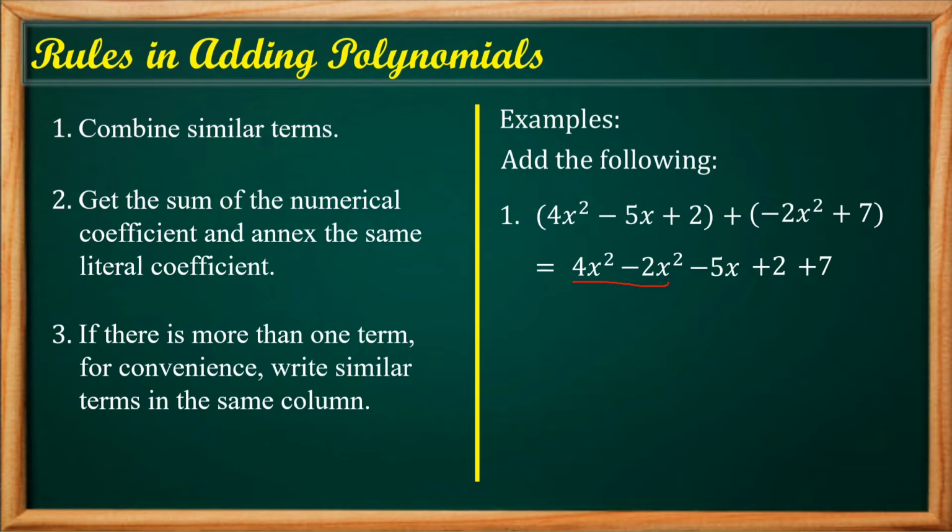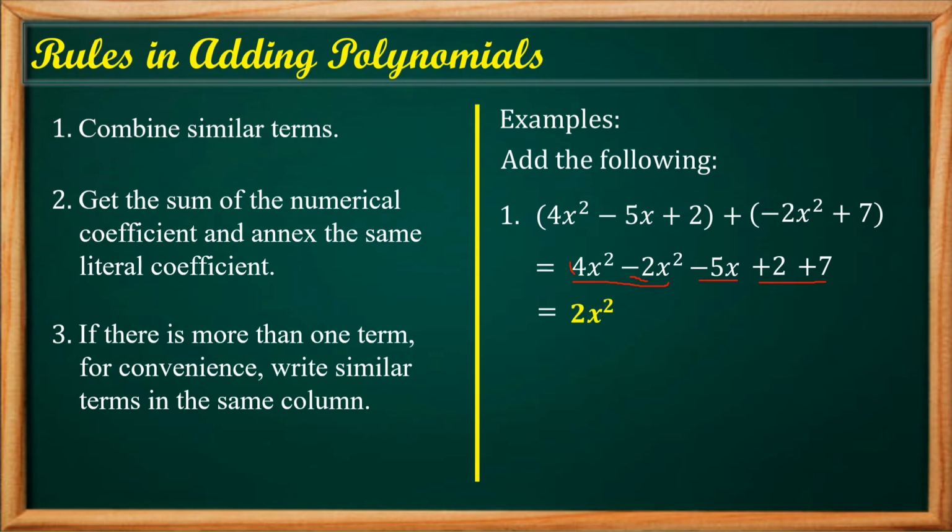Then, si 5x, nag-iisa lang, wala siyang similar. Then, ito naman sila yung magka-similar. Next, 4x squared minus 2x squared. What is the numerical coefficient here? 4 and 2. Therefore, 4 minus 2 is 2.